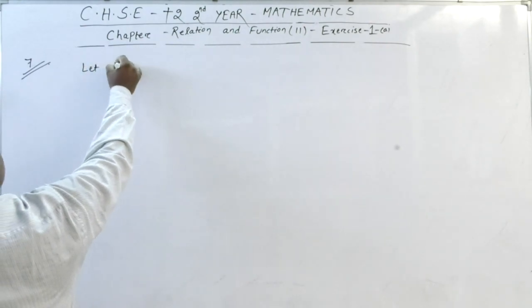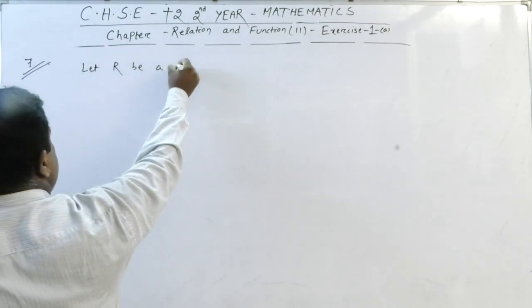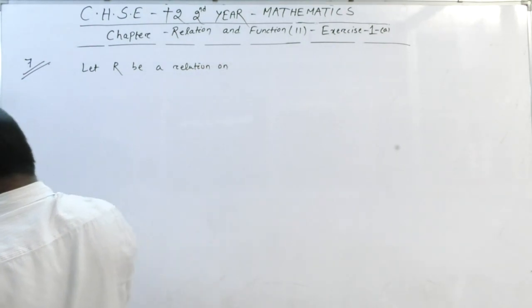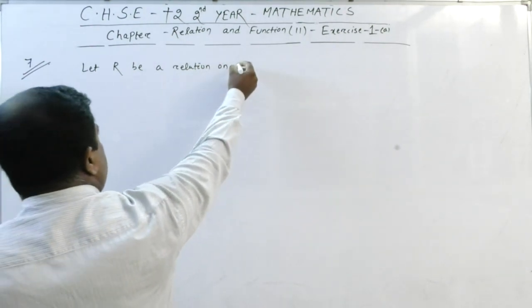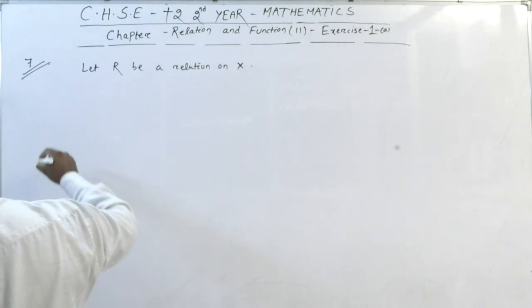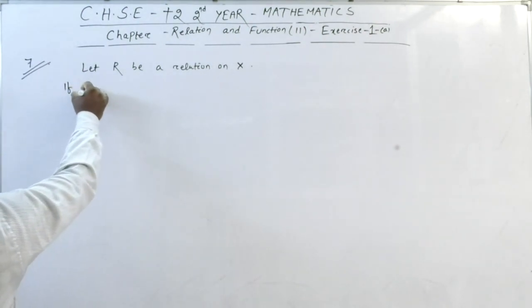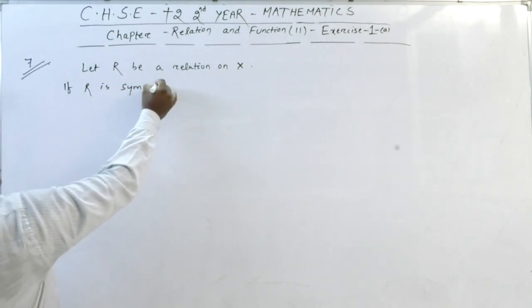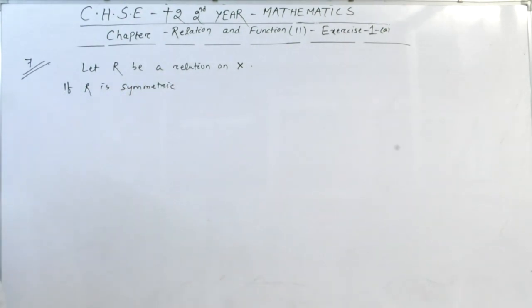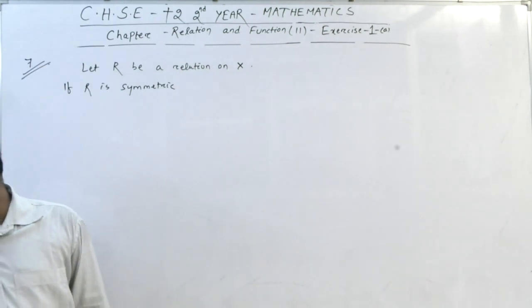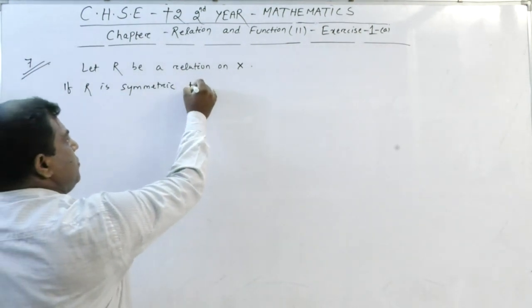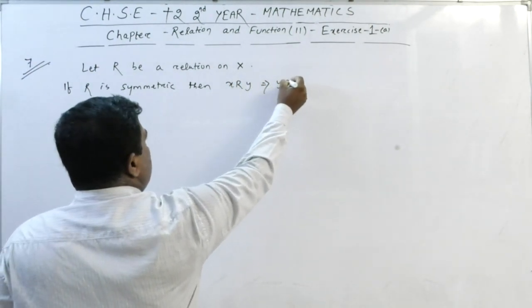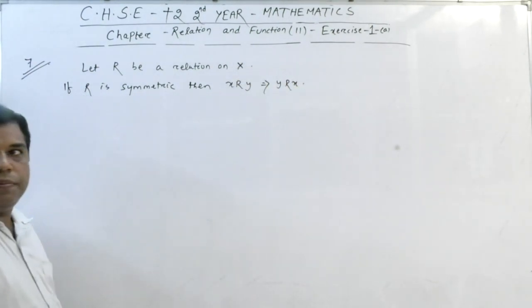Question number 7 is given: let R be a relation on X. If R is symmetric, then x related to y implies y is related to x.